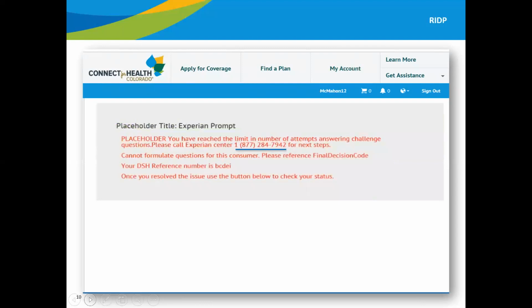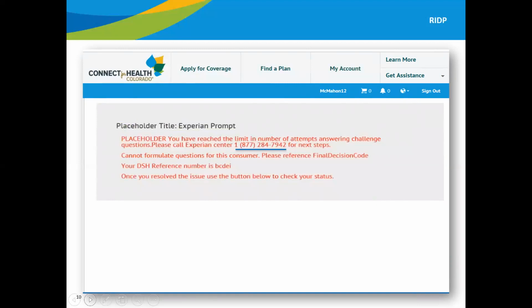If after 5 unsuccessful attempts to answer those questions, the individual was unsuccessful, they would be prompted to call Experian, who again is the identity proofing service that is contracted through the Federal Data Services Hub, and contact them with that 1-877-284-7942 number in order to do some additional verification over the phone with the customer service representative from Experian.